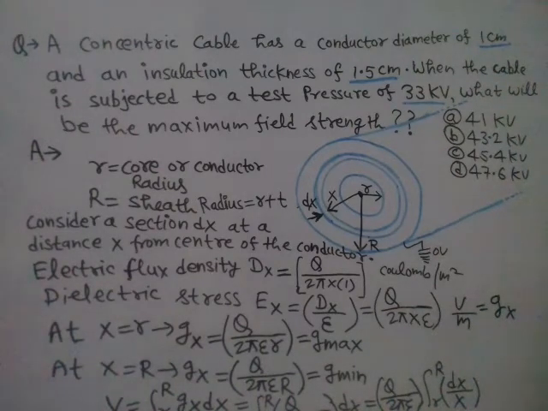So from here, if I divide it by small r, then I will get V by small r is equal to q by 2 pi epsilon into 1 by r, ln capital R by small r.